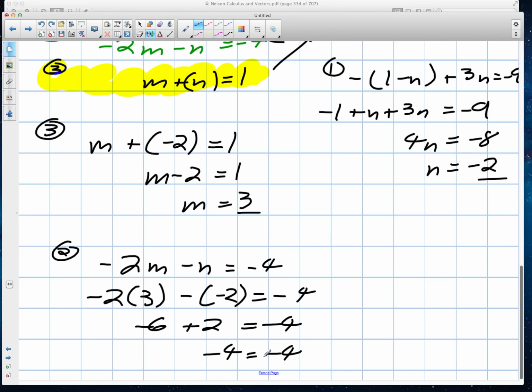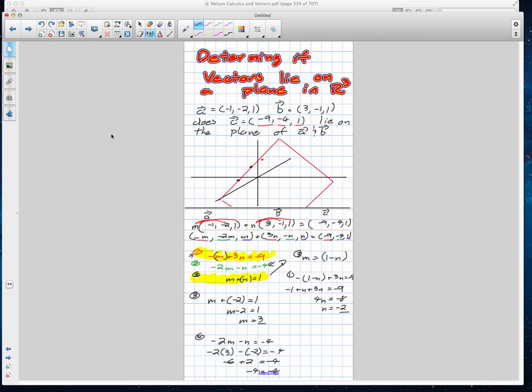So it holds true. In other words, this point does lie on that plane. If we found 2 values from 2 equations, plugged them into the third one and it wasn't true, that would mean the point did not lie on that plane.